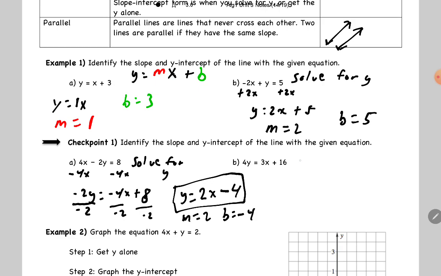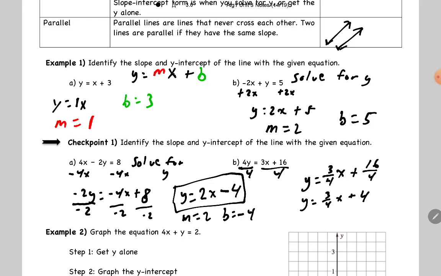Alright. So part B, to get y by itself, I'm multiplying by 4, so I'm going to divide everything by 4. So I'm going to get y equals 3 divided by 4 x plus 16 divided by 4, which is 4.